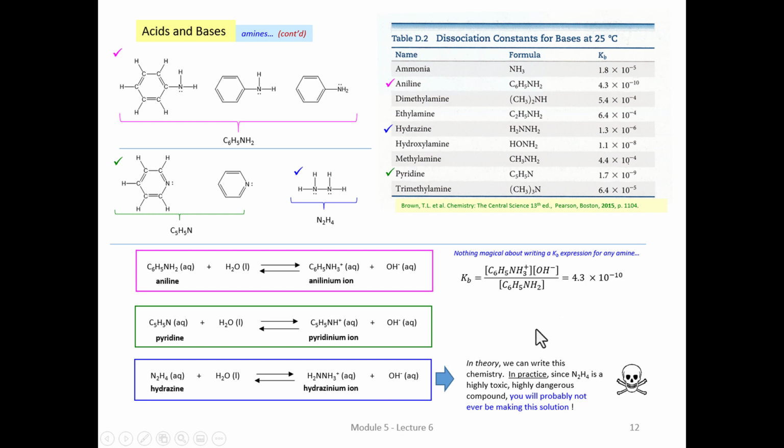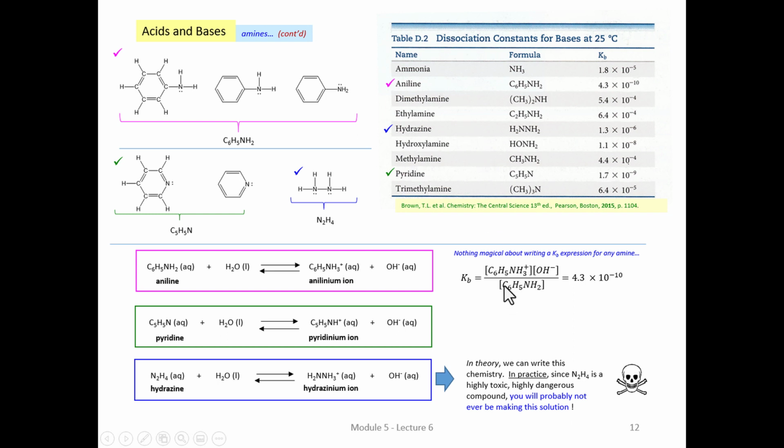So in summary, we've looked at a series of weak bases. All of these bases were in the class of compounds called amines, which can all be seen as derivatives of ammonia.